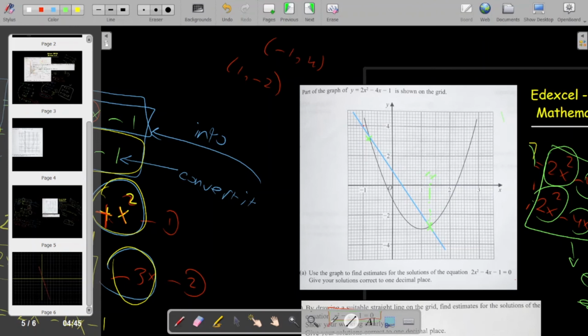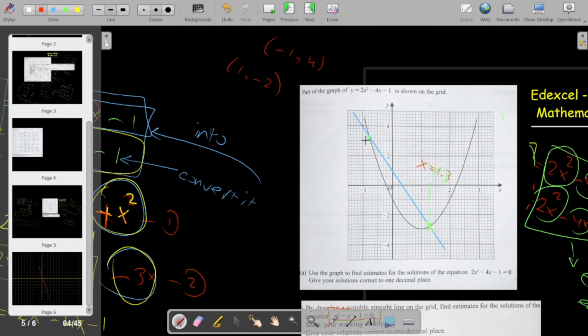Sorry, I'm gonna use the freehand pen. So this is actually x. The first solution is equal to 1.3. I'm gonna draw with the red color. X equals 1.3. This is the first solution.